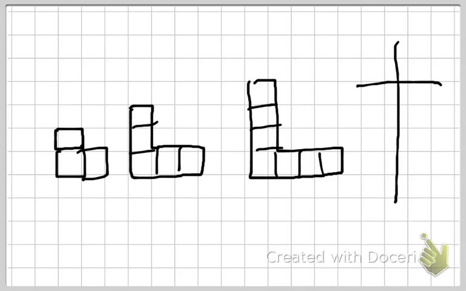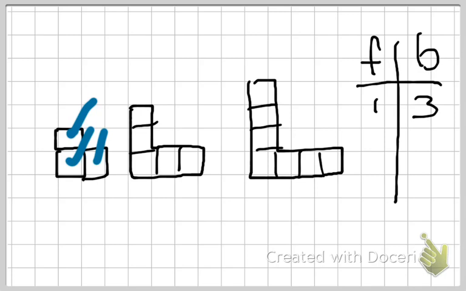We did it in the first example with cars and wheels. And now we're going to do it where F is the figure 1, 2, 3, and then B is the number of blocks. So in figure 1, we have 1, 2, 3 blocks. Figure 1 has 3 blocks. Figure 2 has 1, 2, 3, 4, 5.